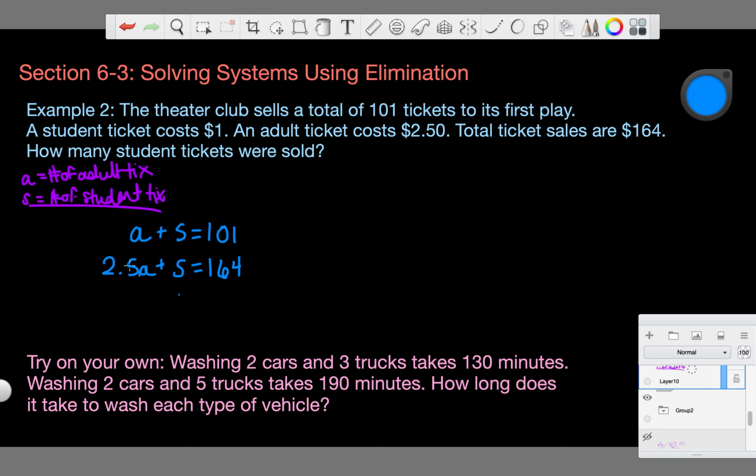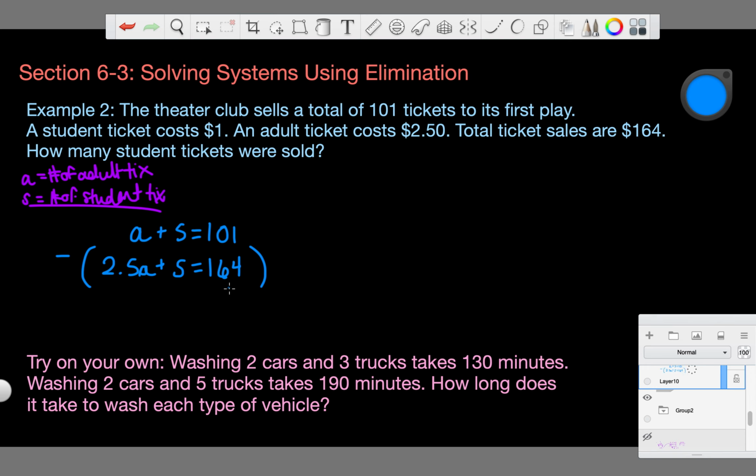Looking right here, we want to identify the variable that might be best to eliminate. If I do S plus S, I'm not going to get rid of them. But what if we multiply by -1 everything in this second equation?